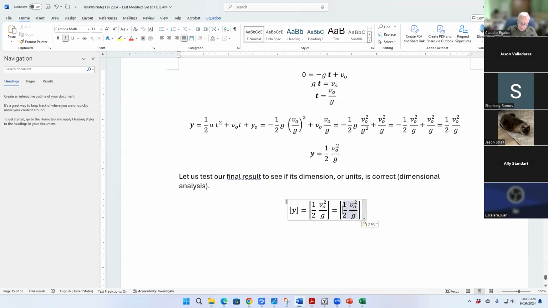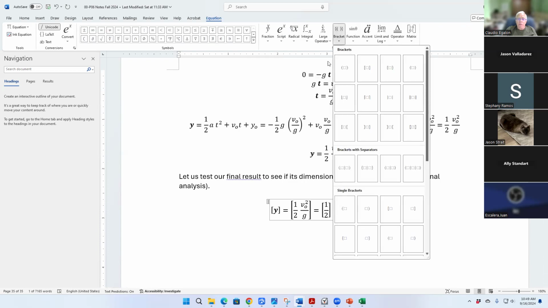The unit of half V naught square over G is the unit of half times the unit of V naught square over G. The unit of half is going to be 1. The number half has no unit whatsoever, it's a unitless unit. And the unit of V naught square over G is the unit of V naught square divided by the unit of G. Here you go.